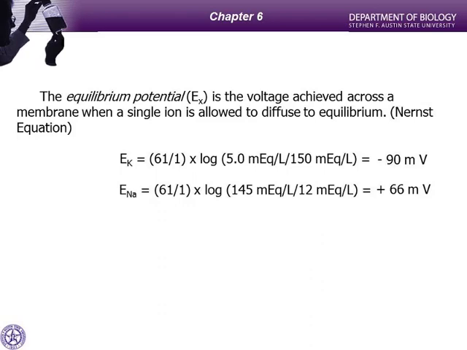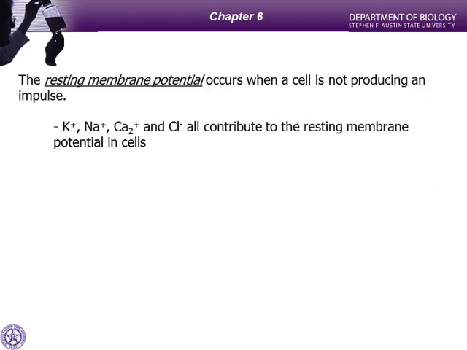But it's not just potassium and sodium. We take into account all of the ions, all of the fixed, all of the movable, transportable ions, and that's where we arrive at what we refer to as our resting membrane potential. All these concentrations, all these charges, the effects and the work of the sodium-potassium pump.